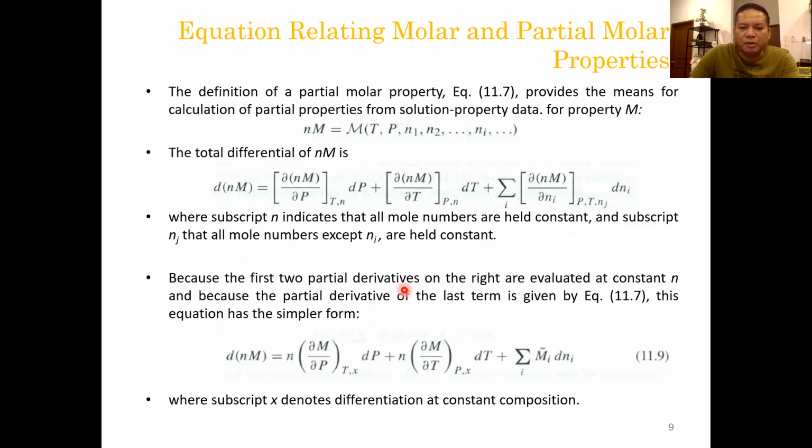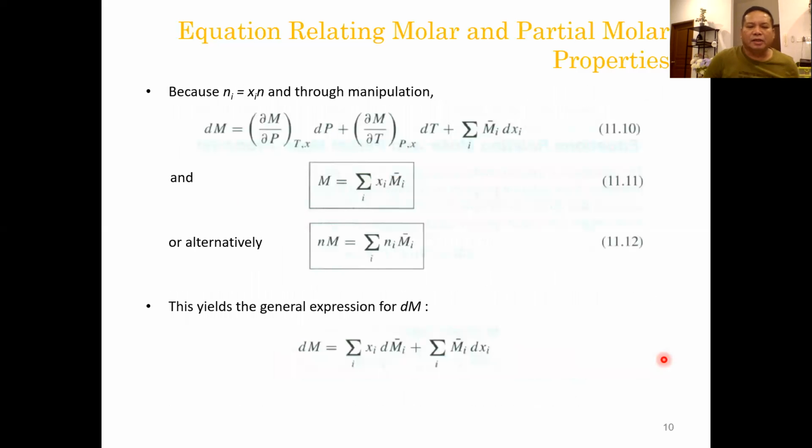Because the two partial derivatives on the right are evaluated at constant n, we can simplify it into a simpler form. In this case, we can take out the n here, since n is constant, so the equation is almost the same. Partial molar is actually the mole ratio of the total moles, so we can exchange it into x here.